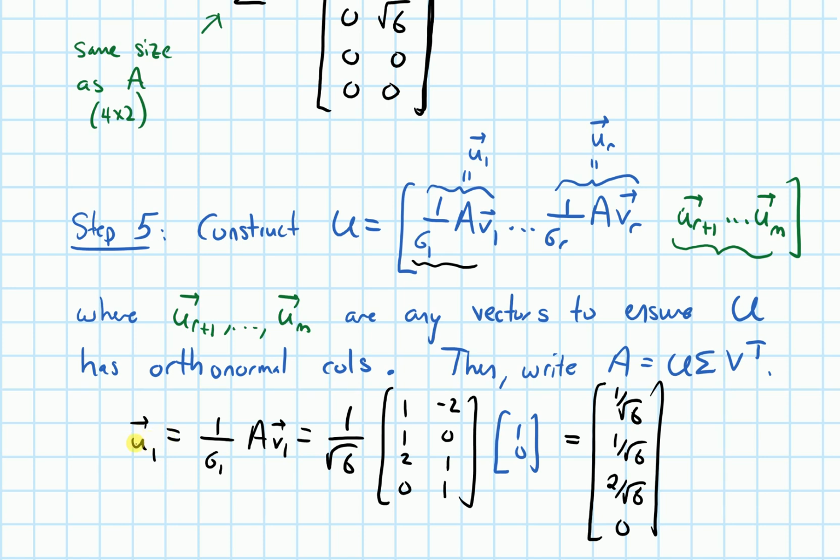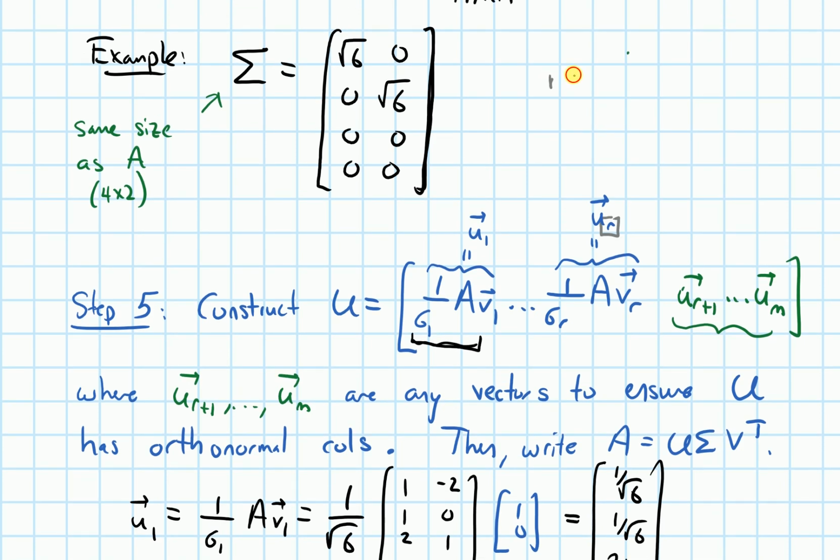All right. So for U1, we got to use this formula to figure out what it is. I get to keep using that formula until I get to UR. So in our problem, R equals 2. Because there were 2 non-zero singular values.